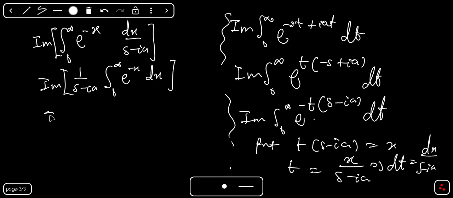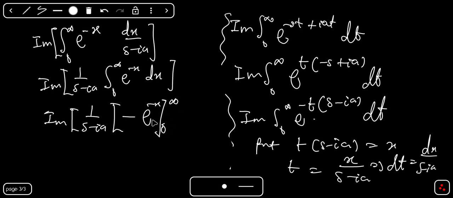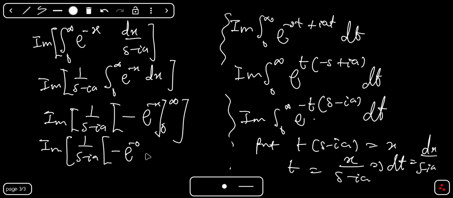So that will be the imaginary part of 1 over s minus ia. Then if you integrate e raised to the power of minus x, that is minus e raised to the power of minus x, and you take the limit from 0 to infinity. So we have the imaginary part of 1 over s minus ia, times bracket, minus e raised to the power of minus 0, then minus minus, that will be plus e raised to the power of 0, minus infinity here.